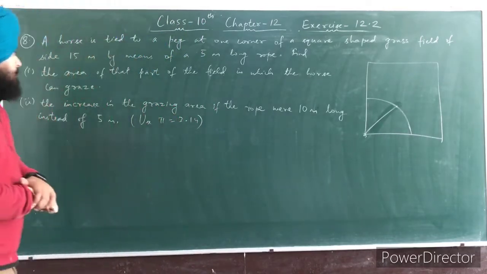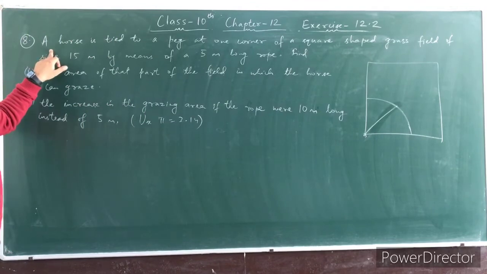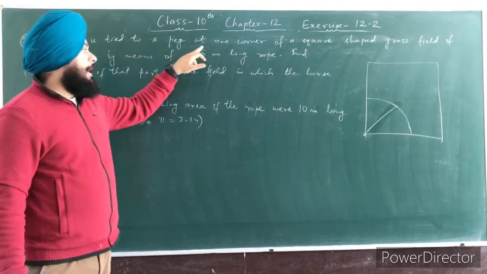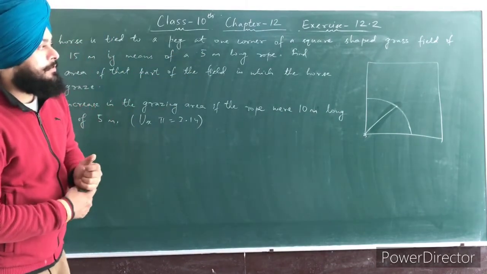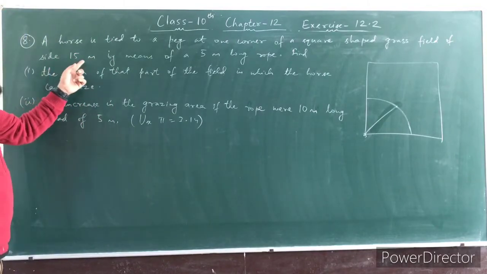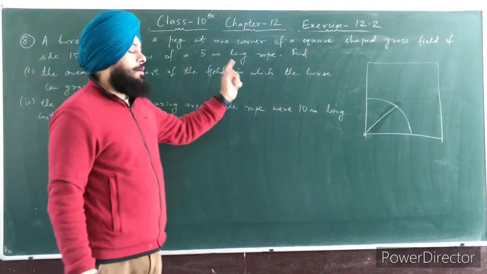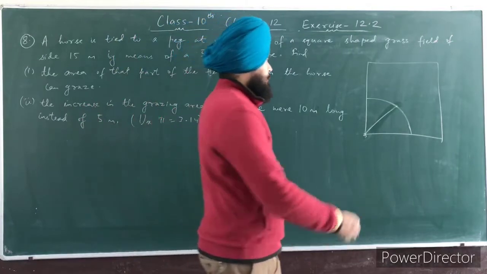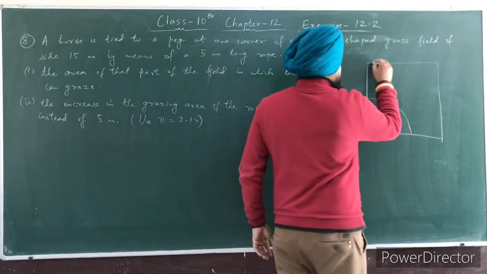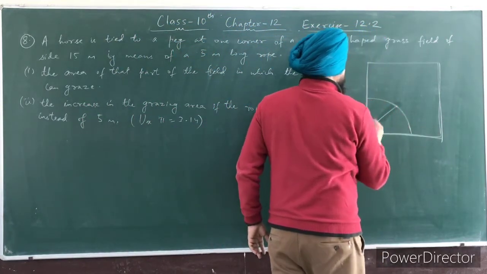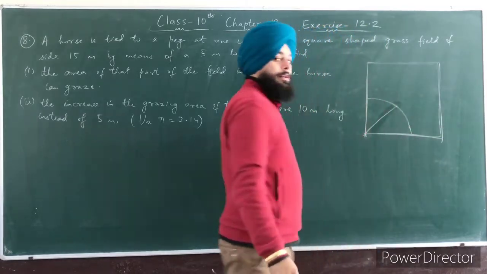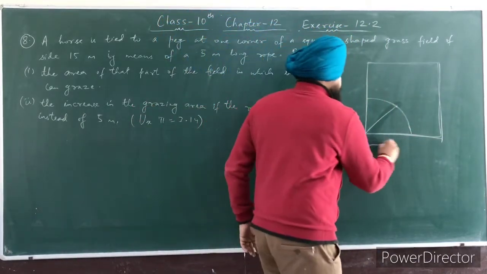Alright. So question number 8 is: a horse is tied to a peg at one corner of a square shaped grass field of side 15 meter by means of a 5 meter long rope. So there is a square shaped grass field having side 15 meter.